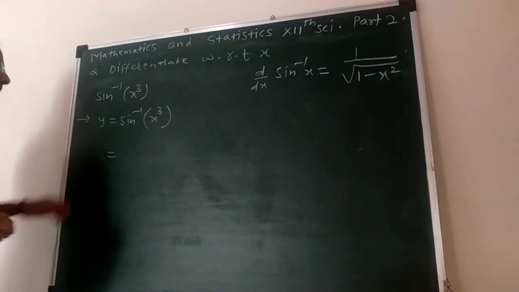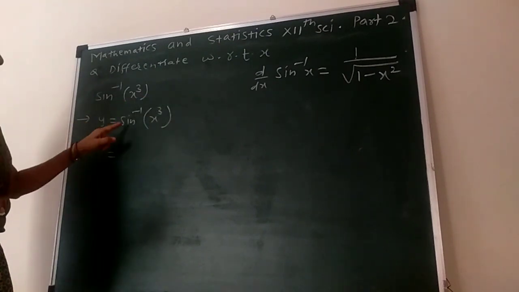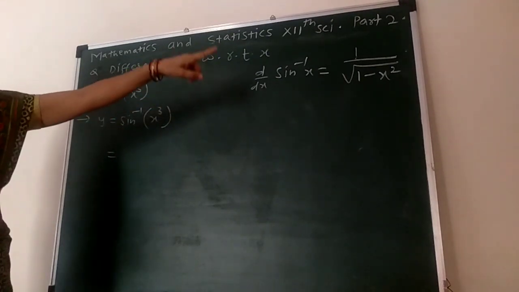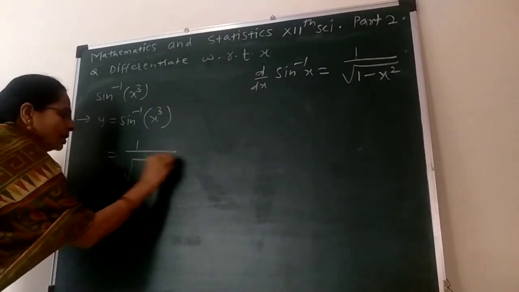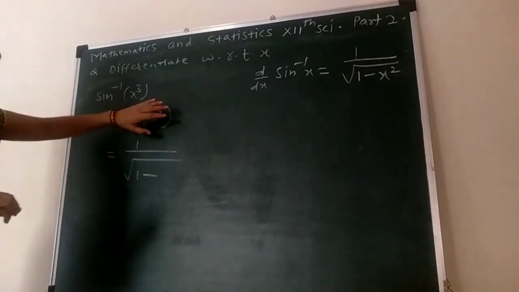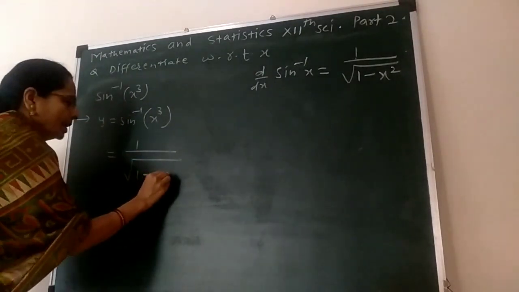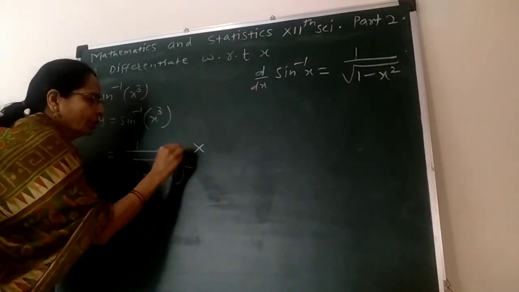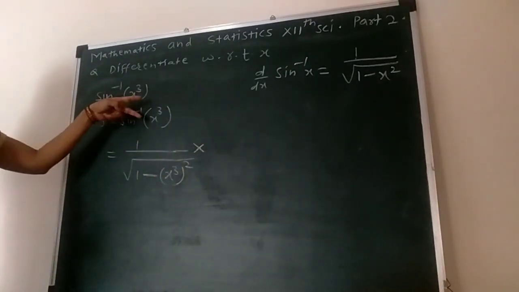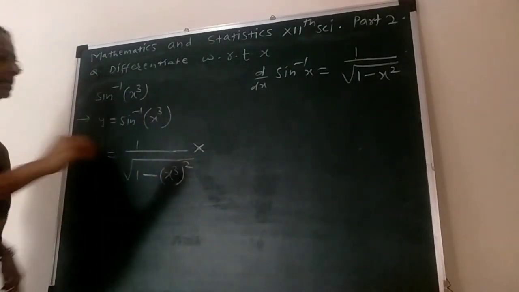Suppose this x raised to 3 is the bracket, raised to 2, into the derivative of this term, which is 3x square.